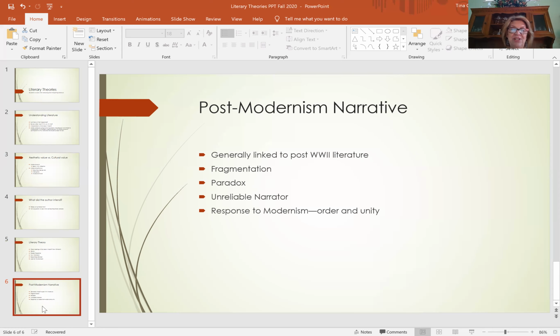So fragmentation. Paradox. It is this idea that there is inherent contradiction in life, and that we look at those moments of contradiction and we look at those moments of tension in order to get a deeper understanding of the text. And the unreliable narrator.